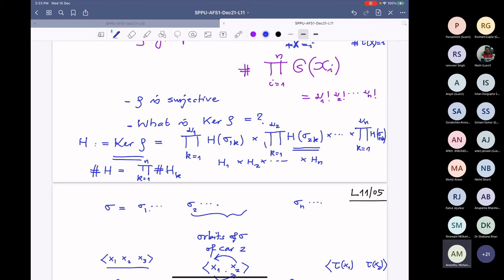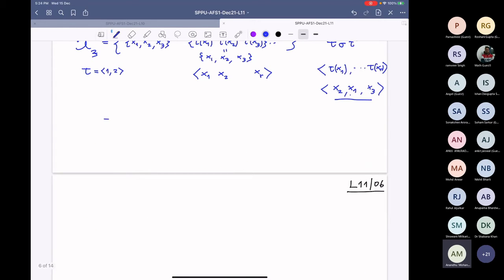Similarly, if it is an r-cycle, the order is r and it is appearing nu r times, so the cardinality of that component will be r power nu r. So the cardinality of the kernel is precisely 1 power nu 1, 2 power nu 2, r power nu r, and so on, n power nu n. Agreed?